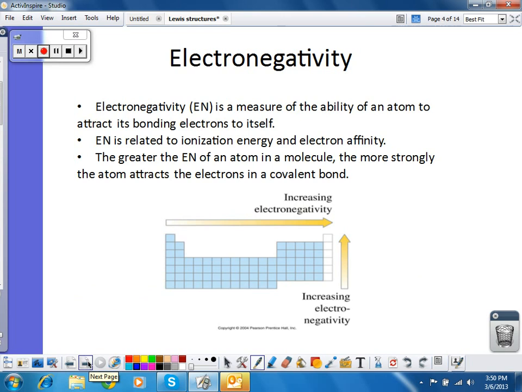And what controls this is something called electronegativity. We talked about electronegativity last class, or on the class before the practice test. Electronegativity is the tendency of an atom to attract electrons toward itself when it's bonded to another atom. If we looked at the general trend, the most electronegative atom is up here, fluorine.